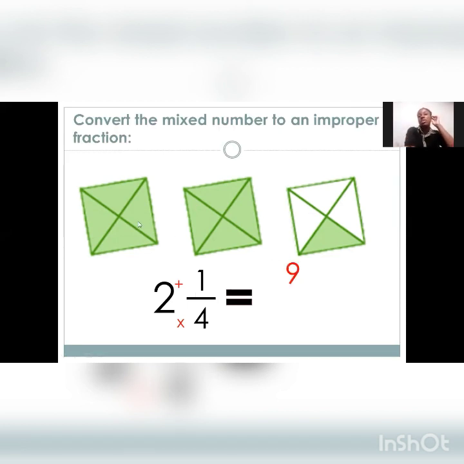Then we add 1, and keep our given denominator, and therefore 2 and 1/4 is equal to 9 over 4. Let's look at our shapes and count the shaded parts. 1, 2, 3, 4, 5, 6, 7, 8, 9. There are 4 equal parts, so 9 over 4.